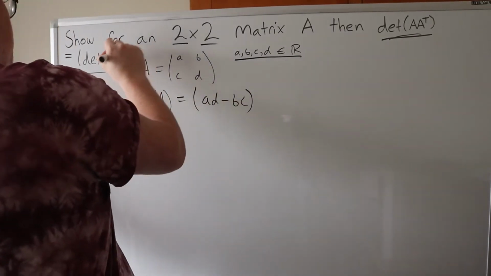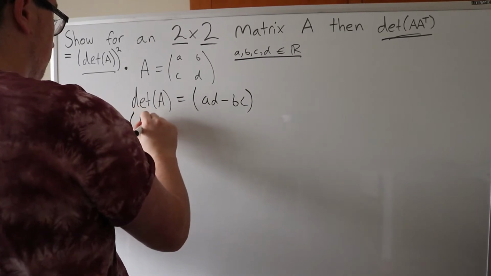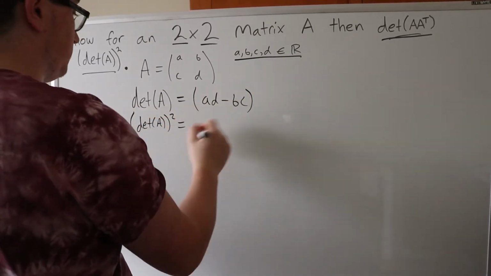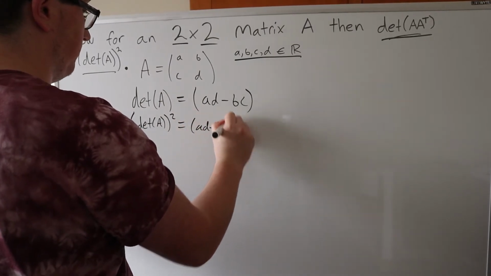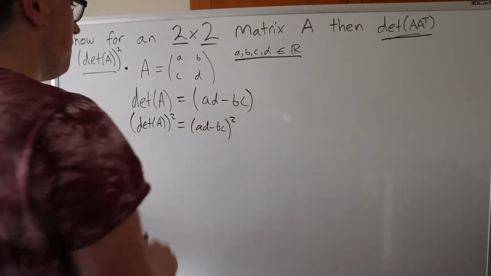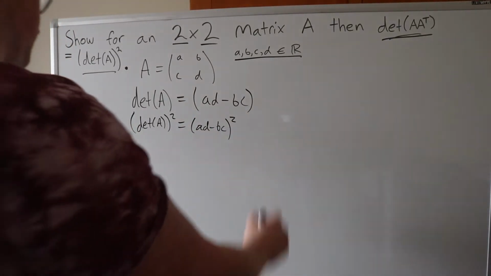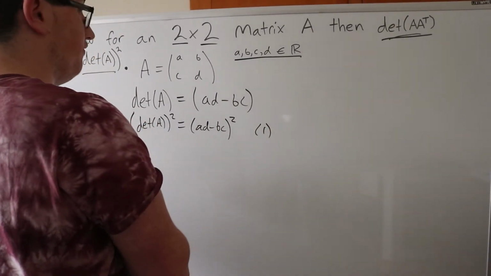But we are interested in det A squared, so det A squared is just this squared: AD minus BC squared. Okay? And that is part one for this proof.